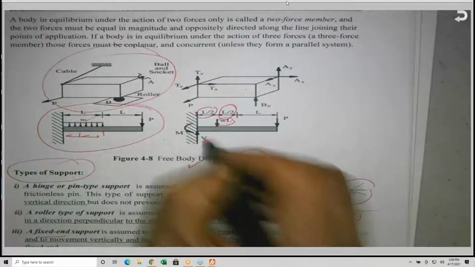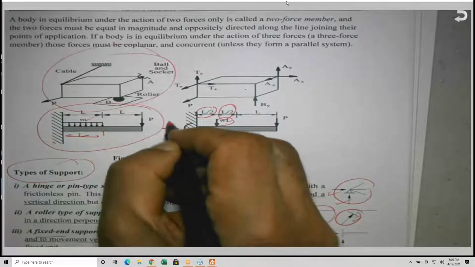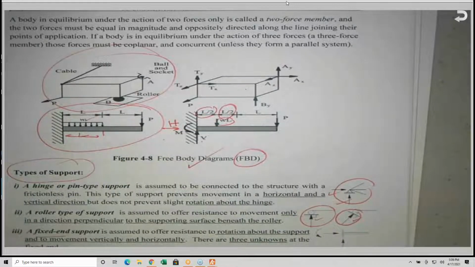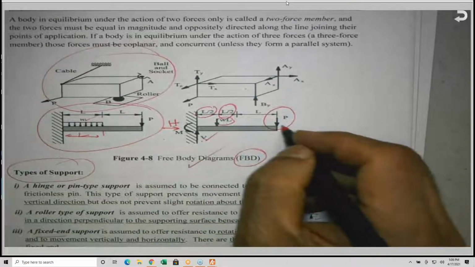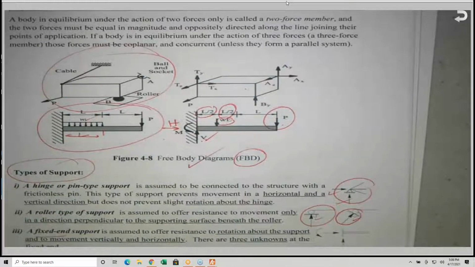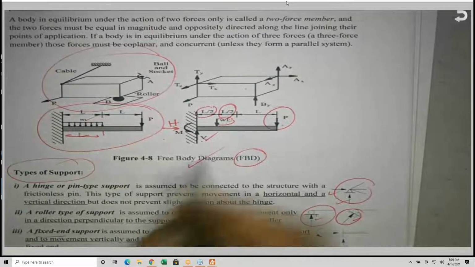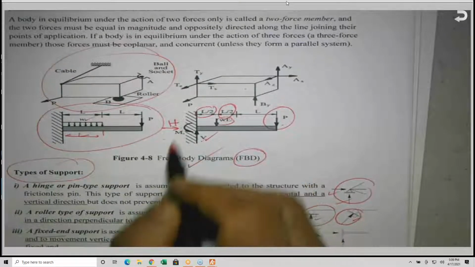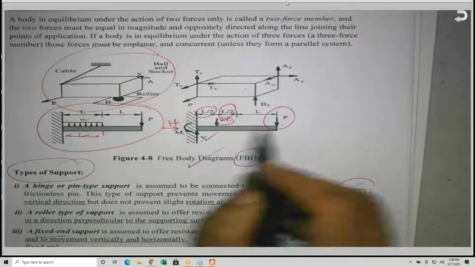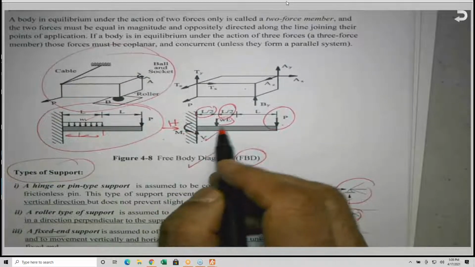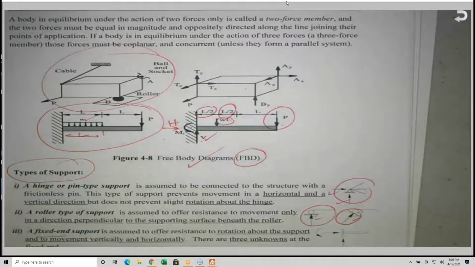Here, I didn't show the horizontal, it should be H, because it's 0 in our case, since I have the load in the y direction. So I have V equal to P plus WL in this case. And the moment, which is called the fixed end moment, if you sum moments, is equal to P times L plus WL times L over 2, which is WL squared divided by 2.